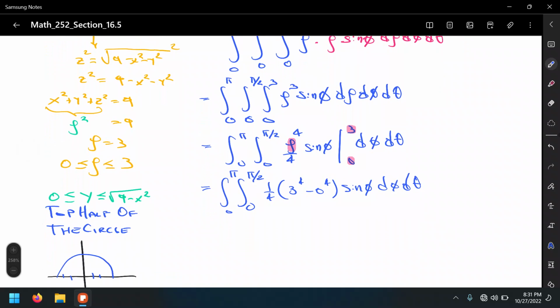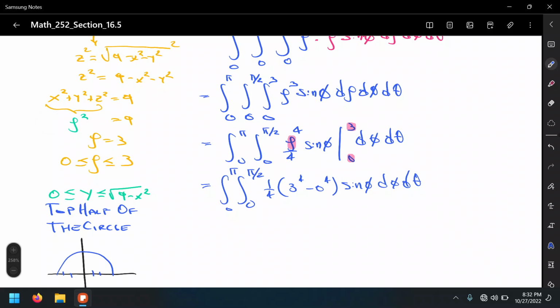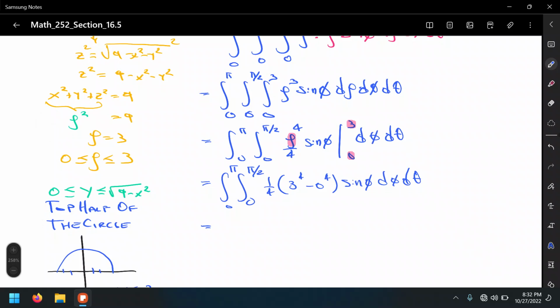And what do we have? 3 to the 4th power, isn't that 81? Minus 0, that's 81, divided by 4, that's just 81 over 4. That's the double integral from 0 to pi and from 0 to pi over 2 of 81 over 4 sine phi d phi d theta. So we're done with the first integration.